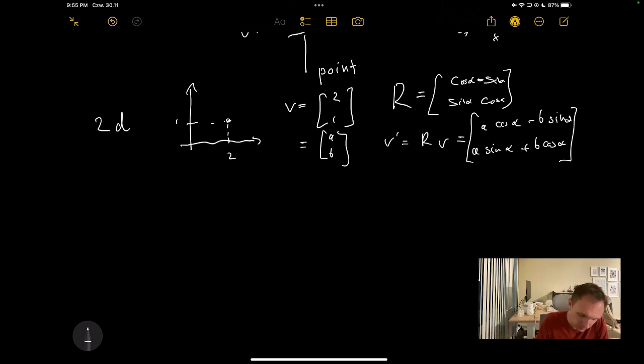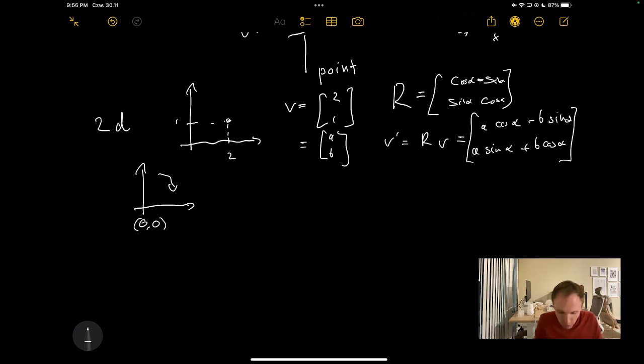And there's basically only one possible rotation. We could only rotate the whole coordinate system to the left or to the right, at least when we are rotating around the beginning of the coordinate system, around this 0,0 point.